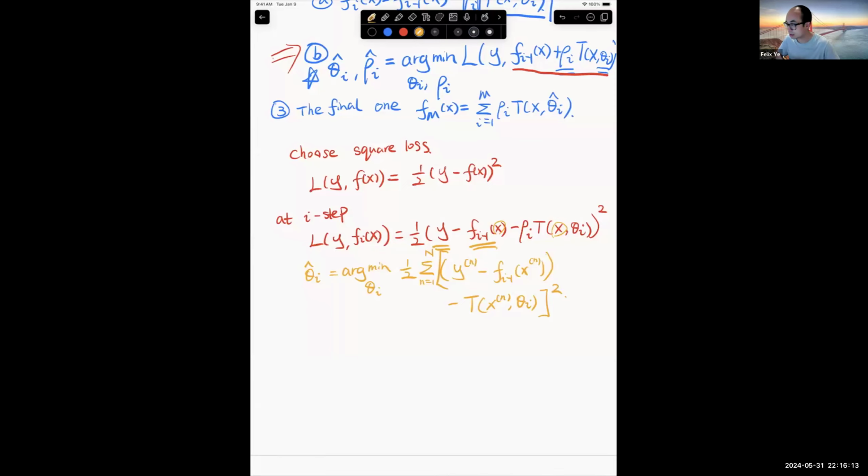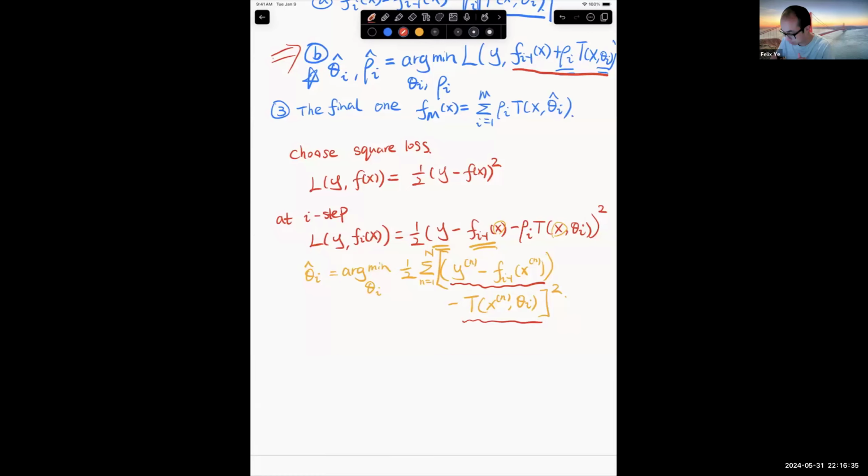Okay, so this is basically what you are getting here. That means at each training step i, what we actually need is the residuals, y minus F_{i-1}(x), as our target for the new model.